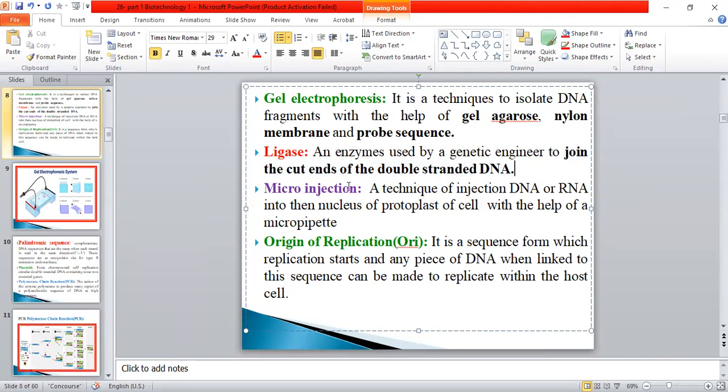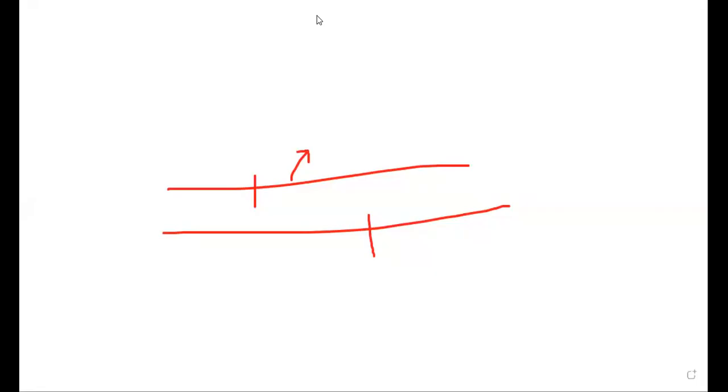And the third one is called microinjection. This is very, very important, my dear students. What is microinjection, you know? For example, take any one cell. See that, my dear. So this is a small bacterial cell structure.